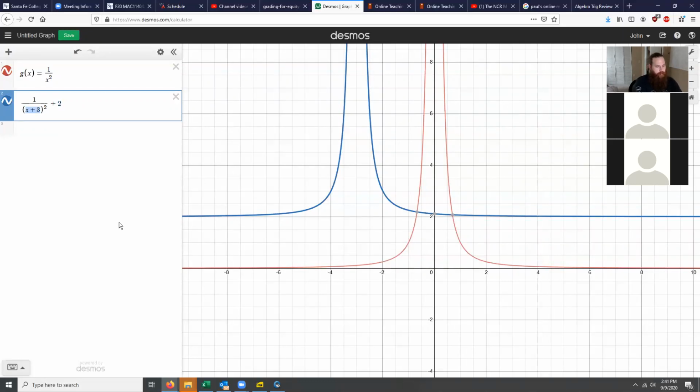Let's come back out of Desmos and do one more practice problem like this by hand, and then we're going to talk about scalings.